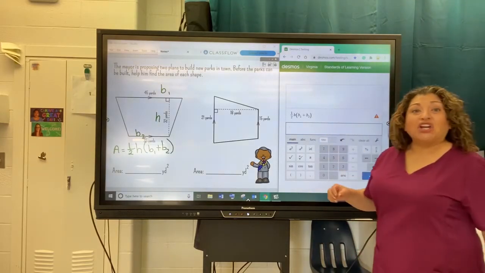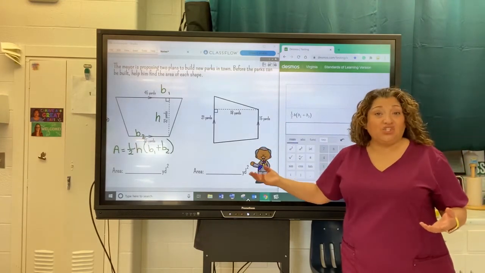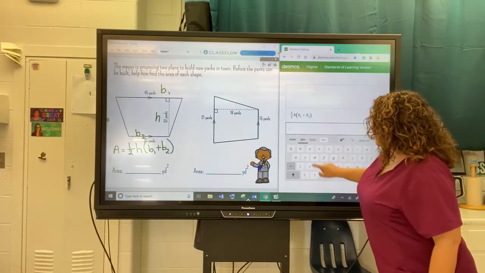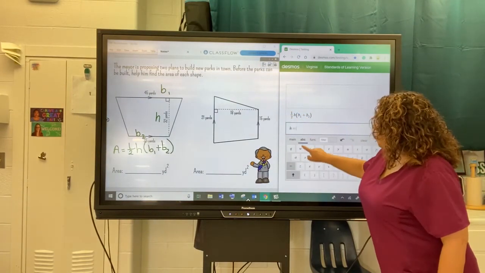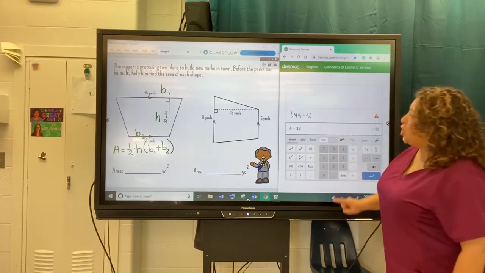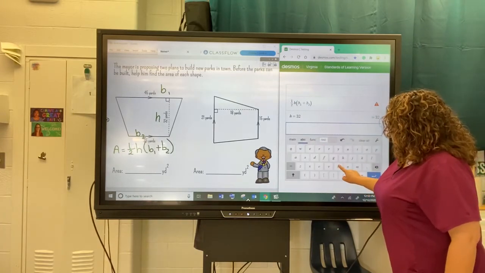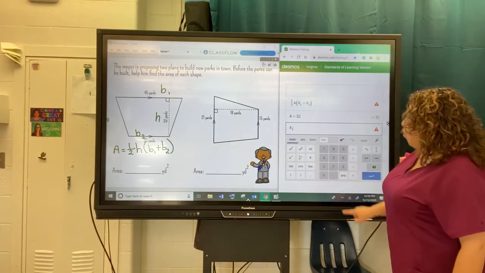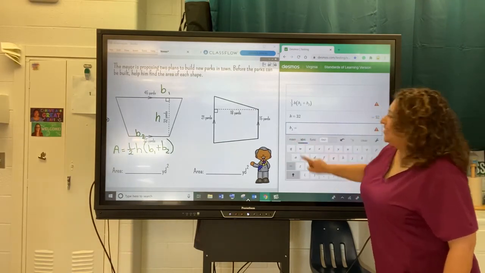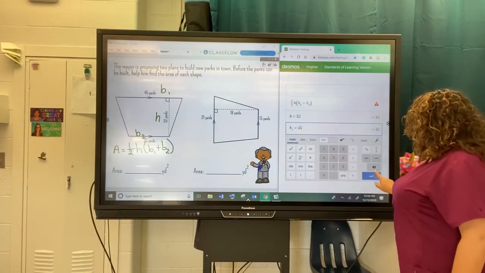So let's start giving a value to each of those variables. I'm going to start with the height. I'm going to type H equals, and it says 32. Then I'm going to go to the next one. I'm going to type base sub 1, then go back, equals, and that would be 45.